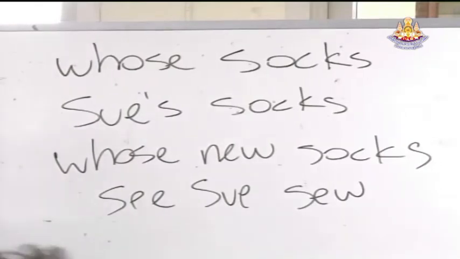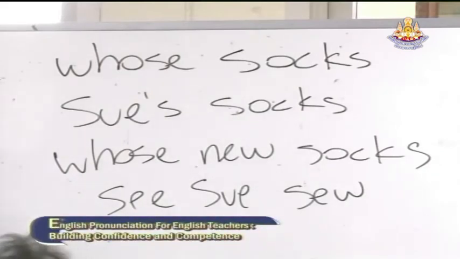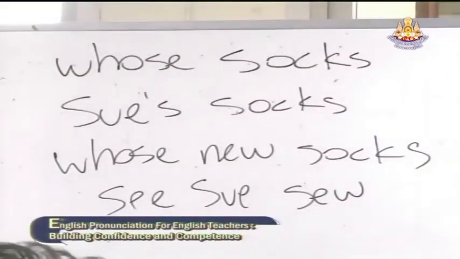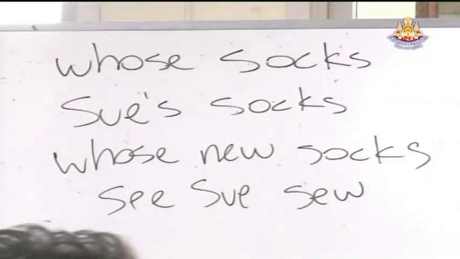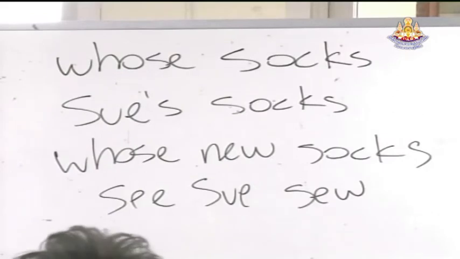So 2 and 2 and 2. Find a partner. And practice A and B with your partner, okay, for about 2 minutes, okay? Find a partner. Let's do this like this. Turn around and find a partner.